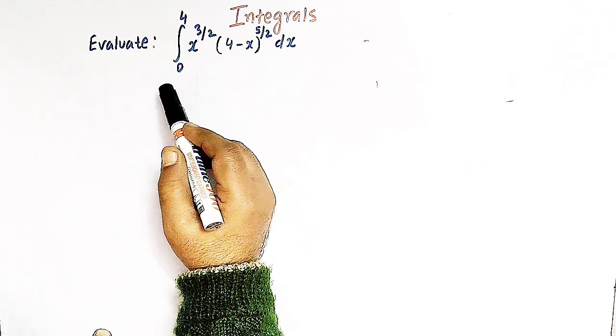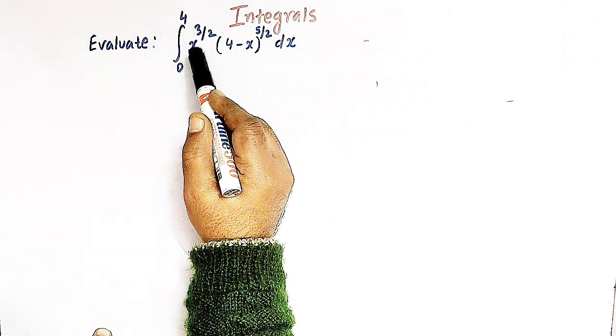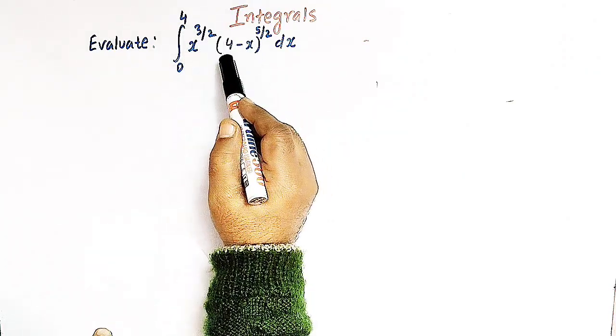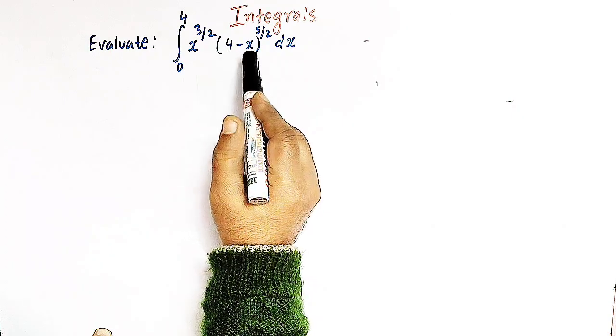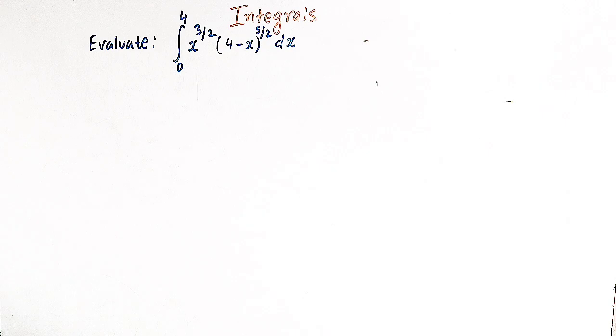So here we have the integral from 0 to 4 x raised to 3 by 2, and here we have 4 minus x raised to 5 by 2 dx. So first we'll convert this integral into a beta function by using the method of substitution. So let us start.